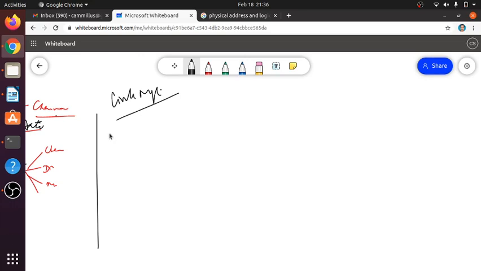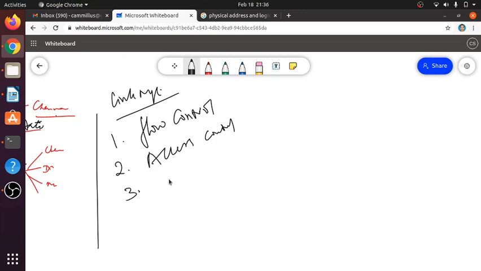So three different management policies are adopted here. One is flow management, flow control. Second is access control, and the third is error control. With respect to the flow, I can go with a link control mechanism.